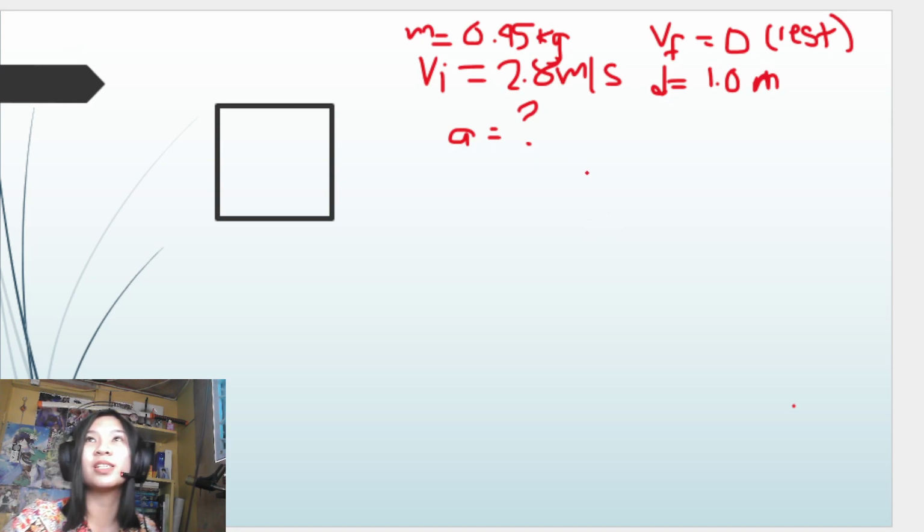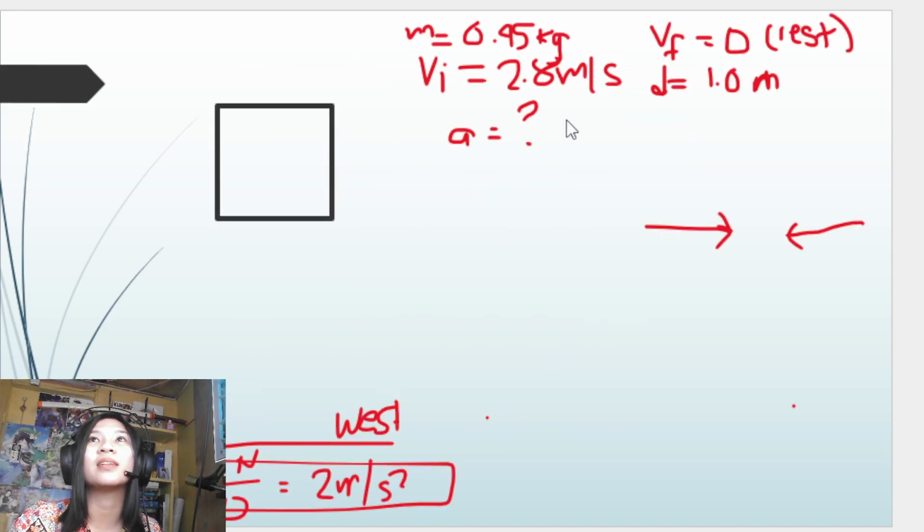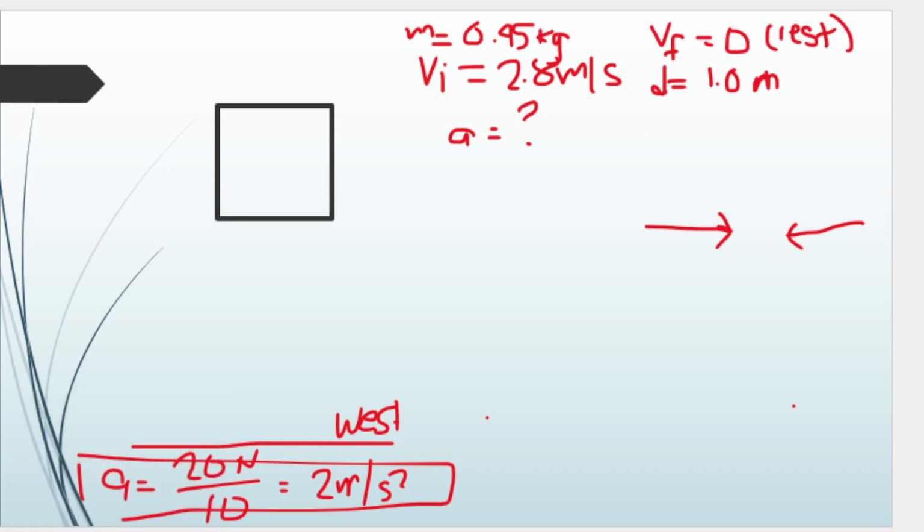Okay, so acceleration. So we will pick at the four kinematic equation that we can use nga naa si final velocity, si initial velocity, si distance, and si acceleration. Okay, so we can use the fourth.